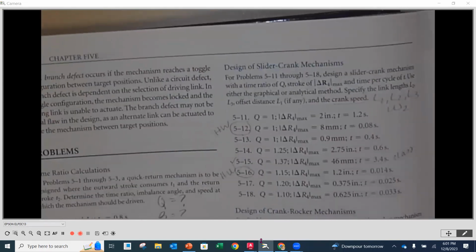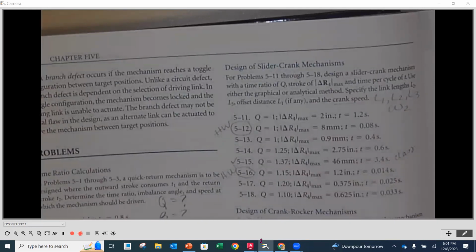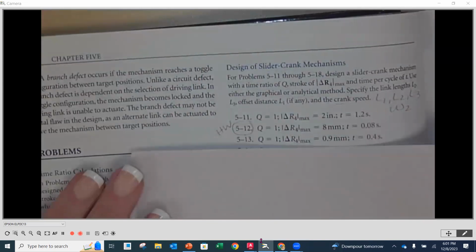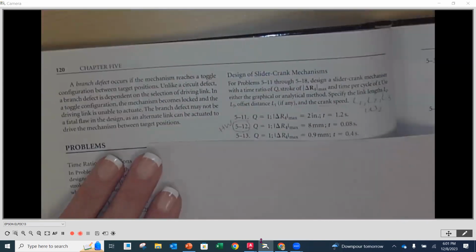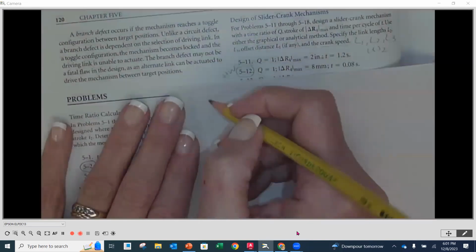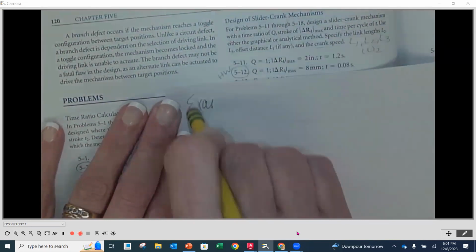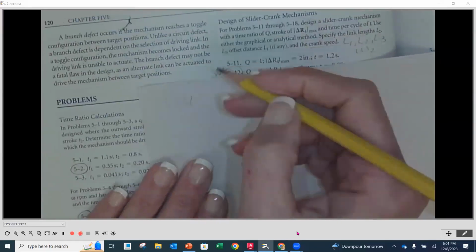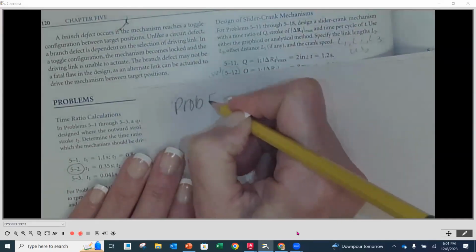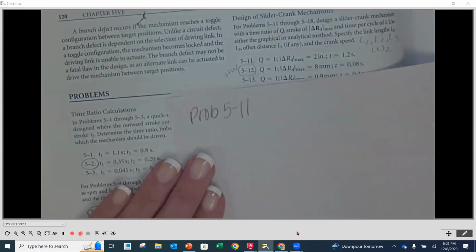Okay, so if we're going to look at completing this problem, zoom out here a little bit. We want to first identify what we know and what we need to find. So this is problem 511.